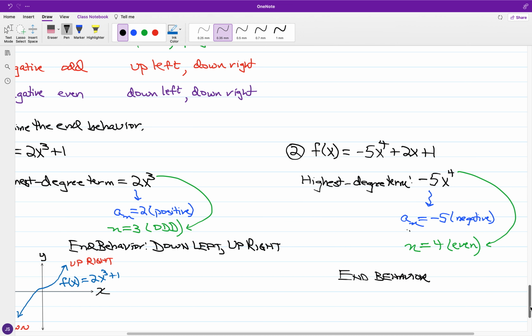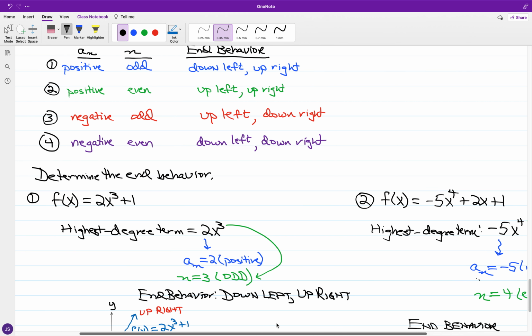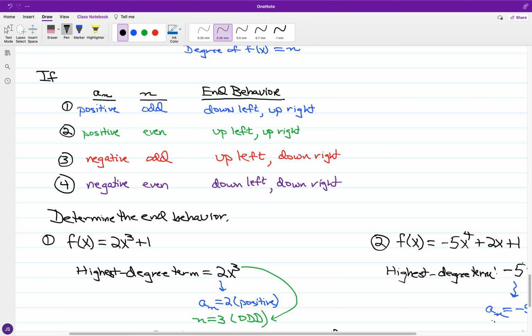For the end behavior, you got a negative leading coefficient and even degree. Again, negative leading coefficient, even degree. The end behavior is going to be down to the left and down to the right.